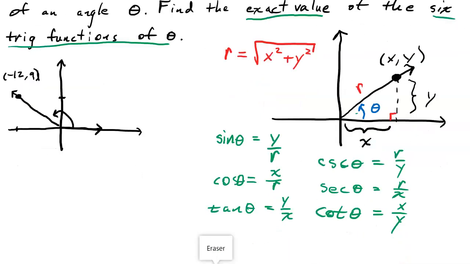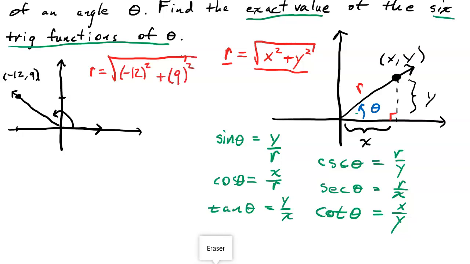I moved the screen down a little bit so that we could have some more room. What we're going to do first is find r. Like I said, r is going to be the hypotenuse of this triangle, and it's just the square root of x squared plus y squared. So we have r is equal to the square root of -12 squared plus 9 squared.